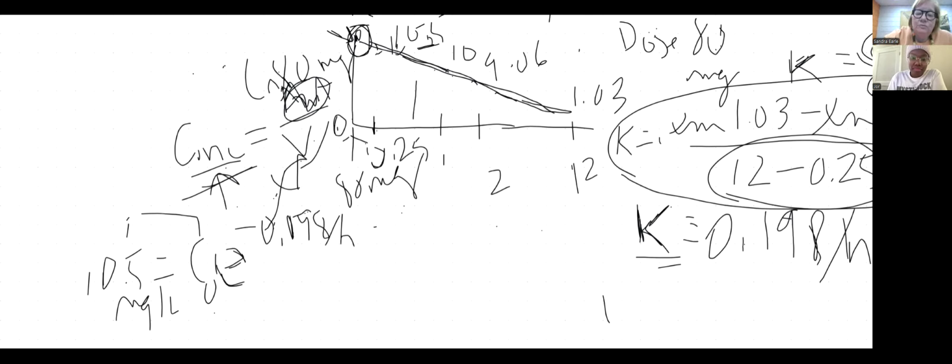What's the time here? 0.25 hours, right? So the difference between these two is what? It's 0.25 hours, which is actually 15 minutes, a quarter of an hour. So it's going to be 0.25, but we're going to stay in hours because this is in hours. We want to be able to cancel those.